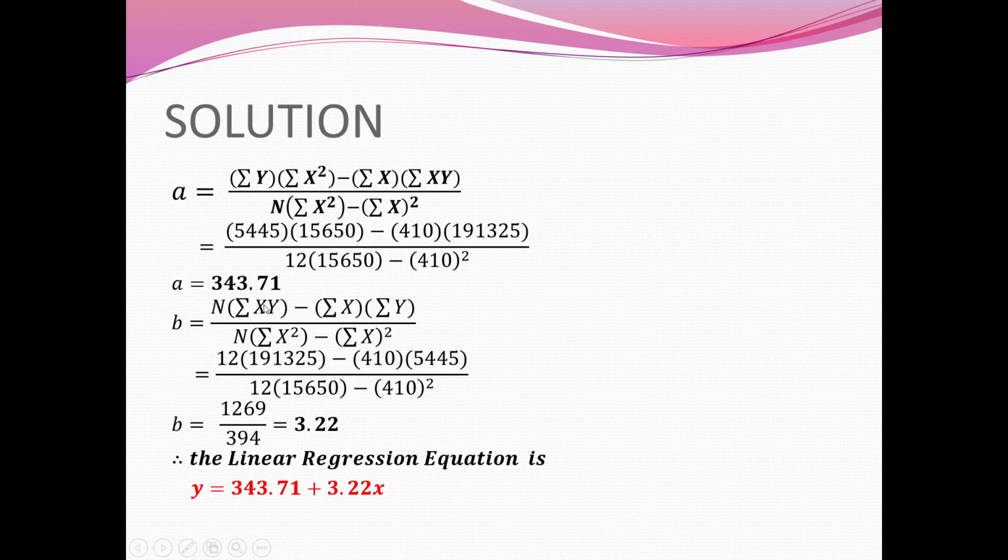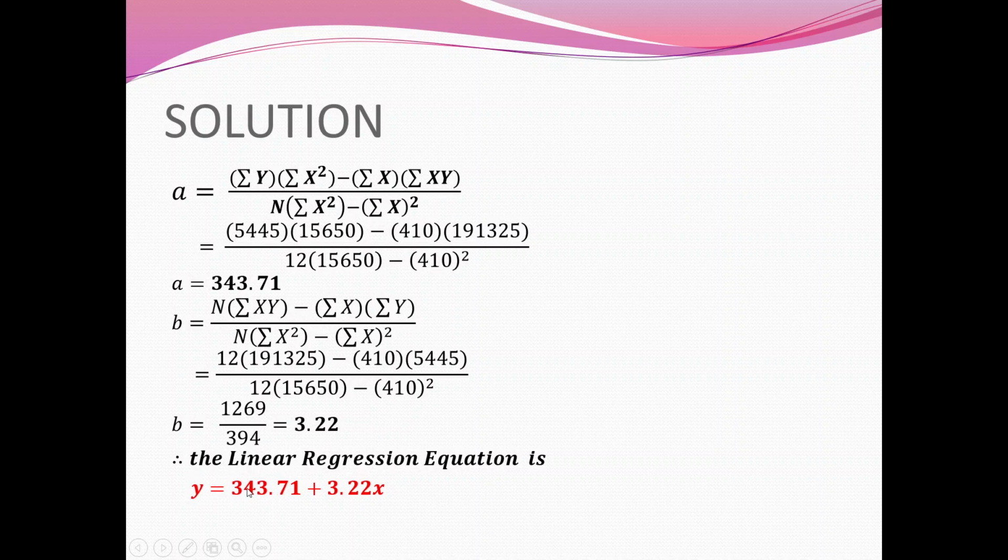And the sum of the product of x and y is 191,325 minus the product of the sum of x, 410, and the sum of y, 5,445, divided by the number of observations, 12, times the sum of x squared, 15,650, minus 410 raised to square. The slope that you will get here is 3.22.